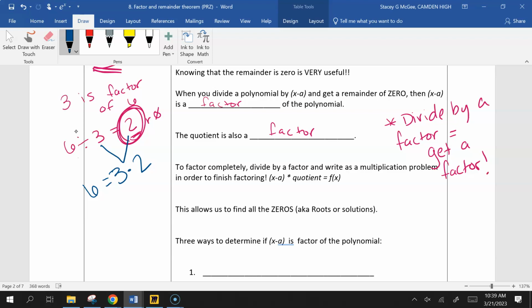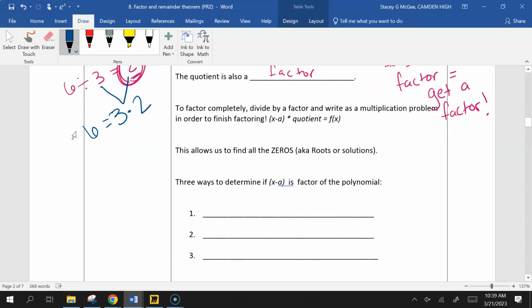All right, 3 ways to determine if you have a factor. Tell me, what do you think? What's it mean to be a factor? Go into it evenly with no remainder. So I could divide synthetically and get no remainder.